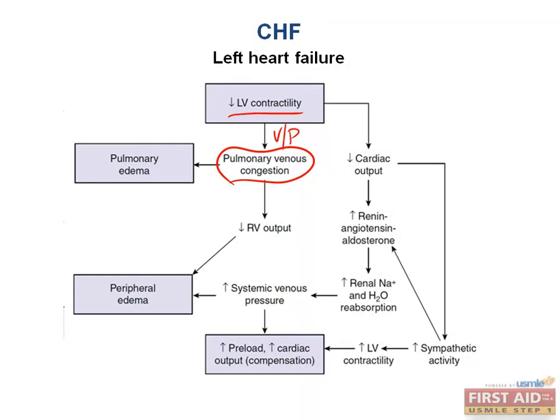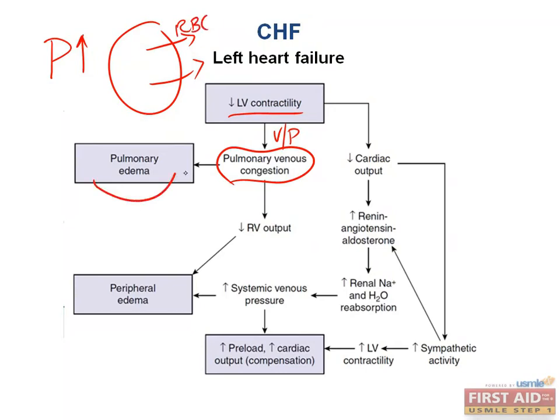Remember the Starling forces that are always governing what those capillaries do. If you increase the hydrostatic pressure so high, you'll get movement of fluid across the vessel. If that happens for a very long period of time, you can start getting cellular elements to cross over, such as red blood cells. So the pulmonary edema can also be accompanied with some extravasation of red blood cells.